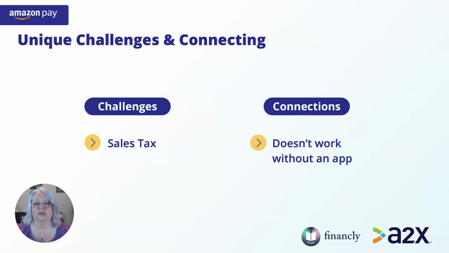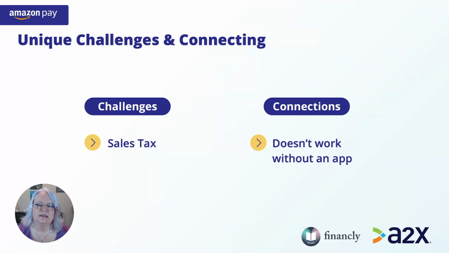When we talk about the challenges and connections for Amazon Pay, the one challenge is sales tax. Amazon Pay is not tracking anything to do with sales tax, which is actually fine. What we want to do is get our sales tax information from the e-commerce platform, not from the payment processor.